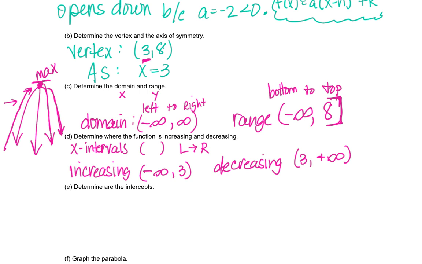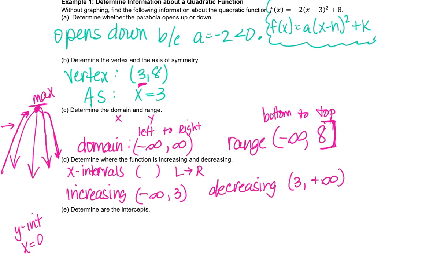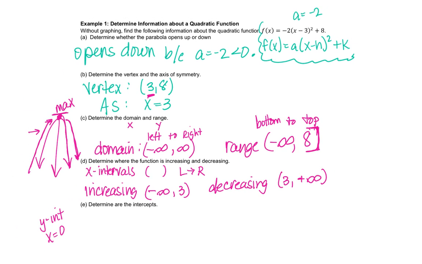Now determine the x-intercepts and the y-intercepts. So to find the y-intercept, x has to be equal to 0. So all you have to do is take your function that's given and replace all of your x's with 0. So f of 0 is negative 2 times 0 minus 3 squared plus 8.